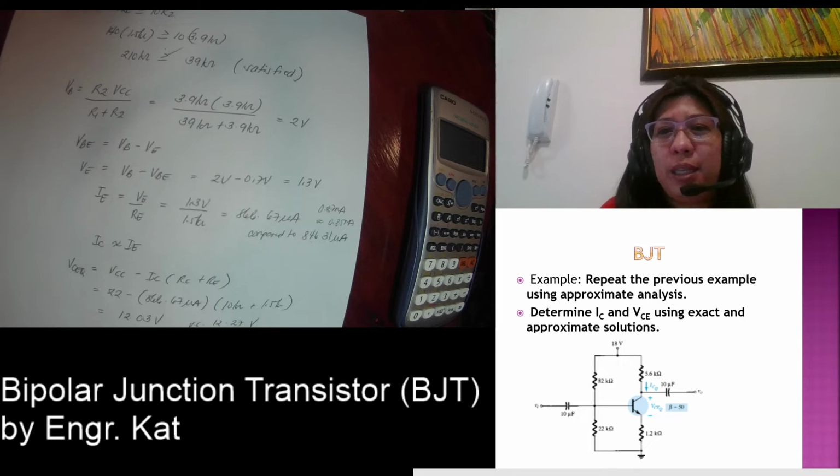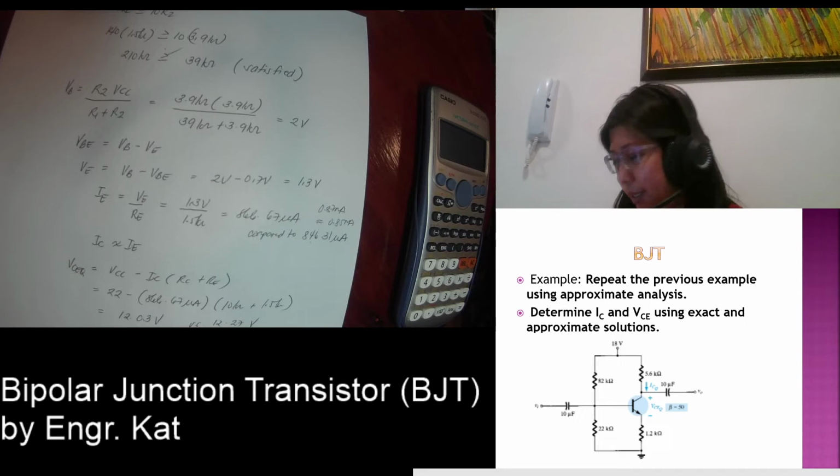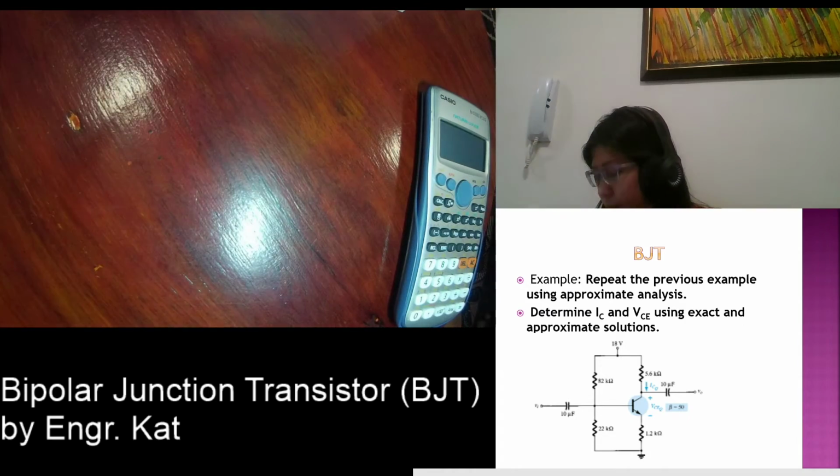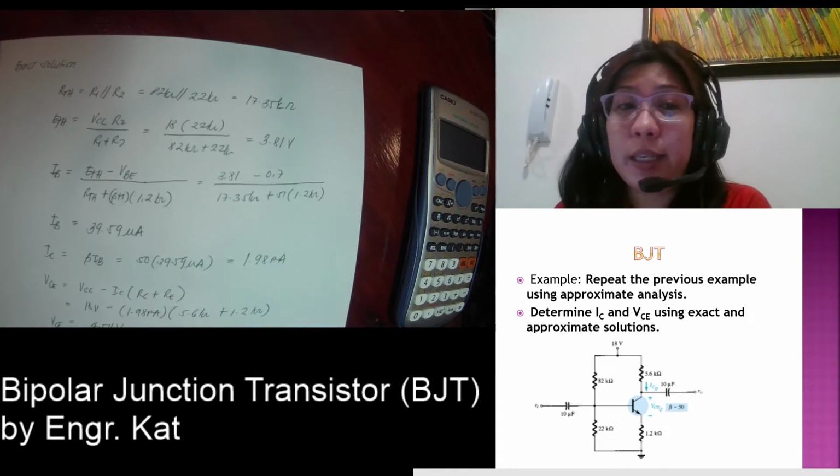Okay, so let us see the difference. So we have here the exact solution.